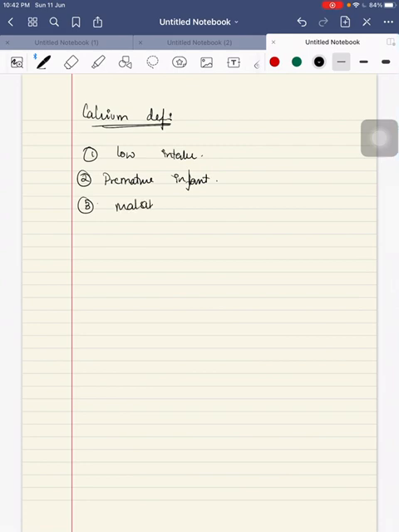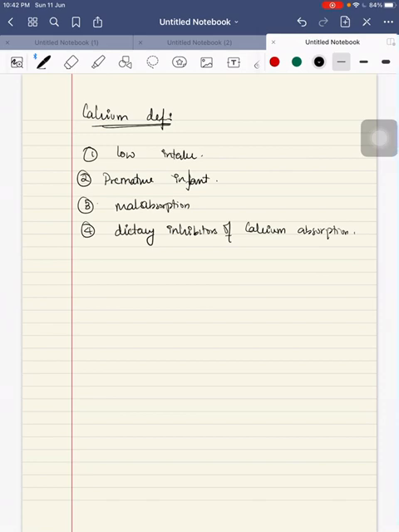Or when there is a malabsorption, or when your diet consists of inhibitors of calcium absorption. These are the causes of calcium deficiency.